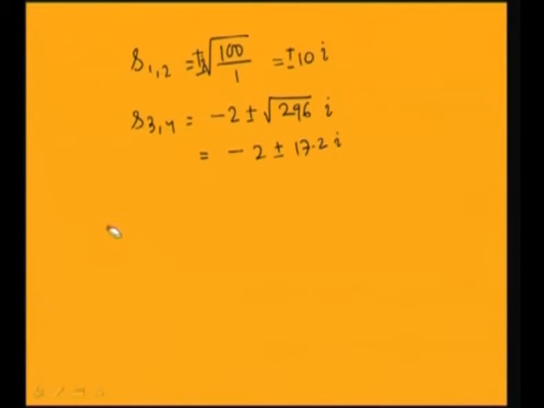So now we got 4 roots: S1 equal to plus 10 i, S2 equal to minus 10 i, S3 equal to minus 2 plus 17.2 i, and S4 equal to minus 2 minus 17.2 i. Note that you got 4 complex numbers, out of these 2 are purely imaginary and the other 2 are complex conjugates.